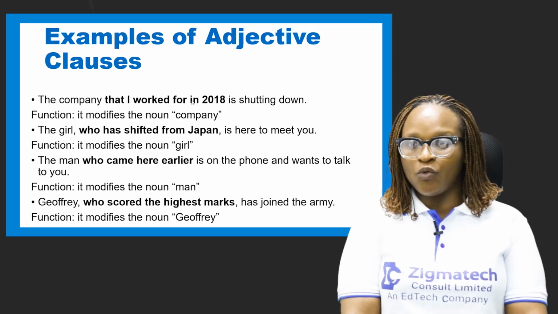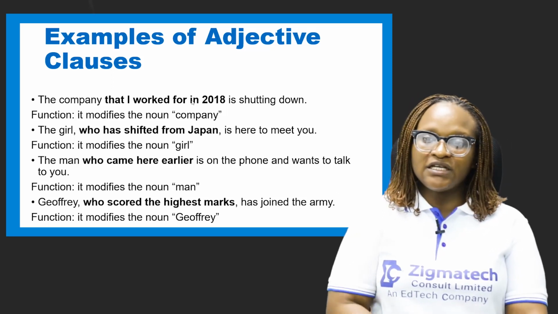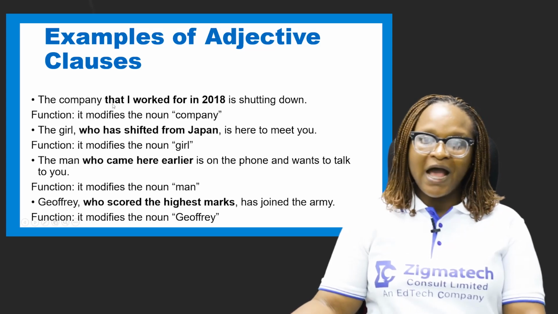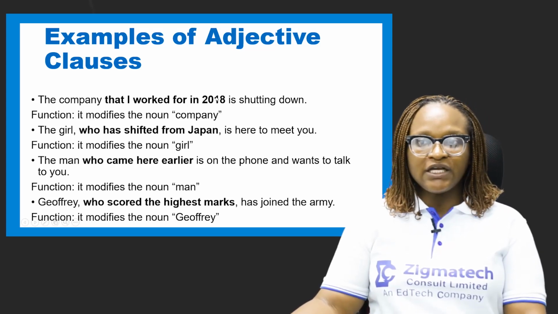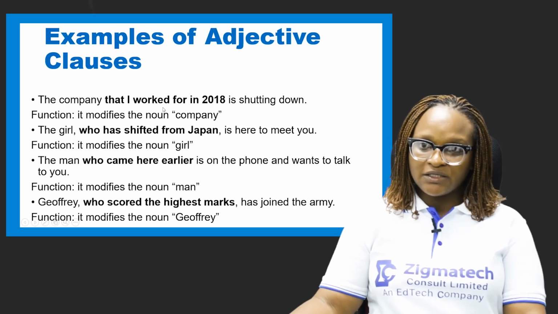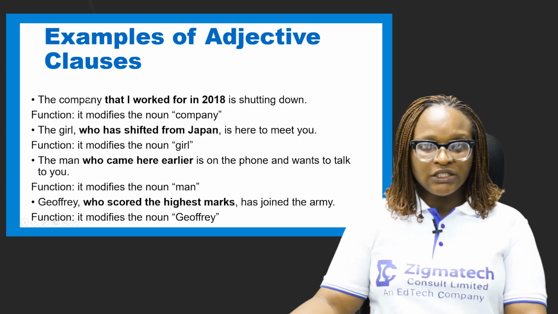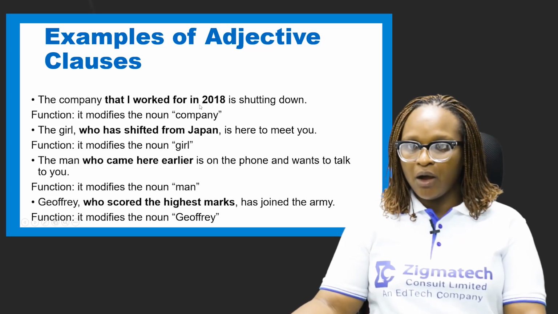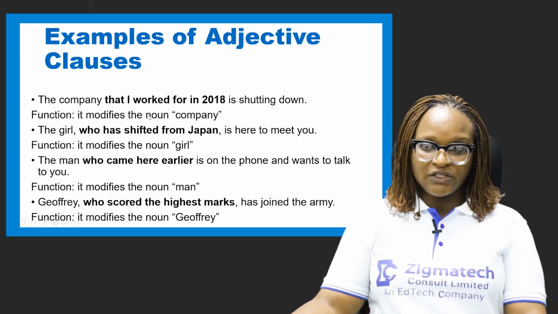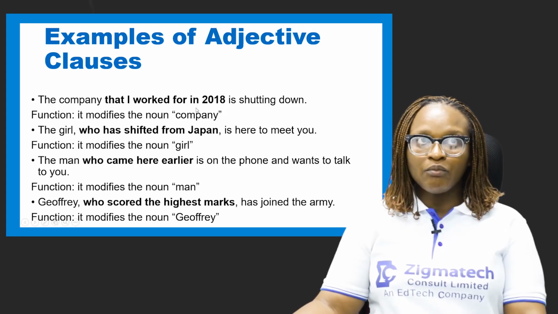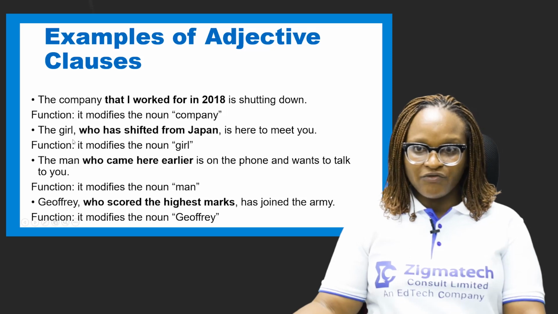So here we have "that I worked for in 2018." That's the grammatical name: adjectival clause. Now what's the function? It modifies the noun company. This is the way it's written in your exam. That's the function. It modifies the noun company.